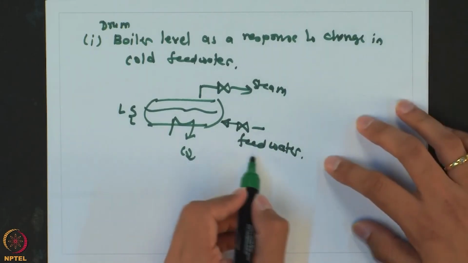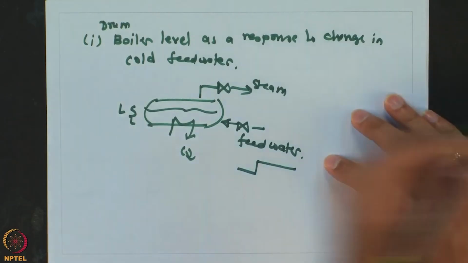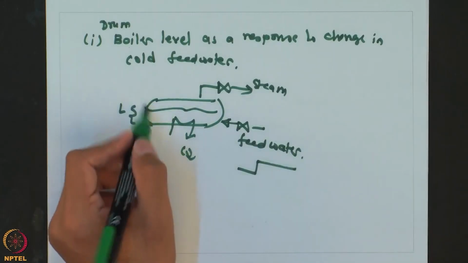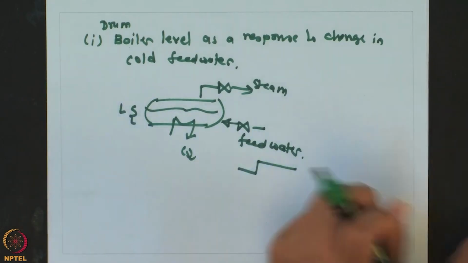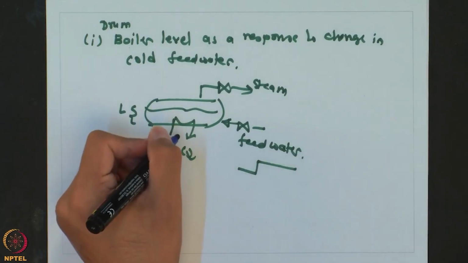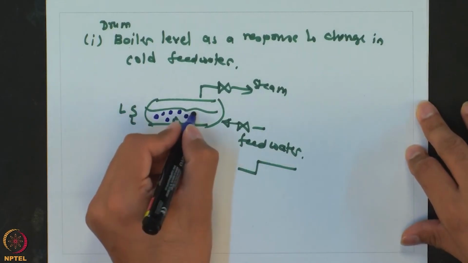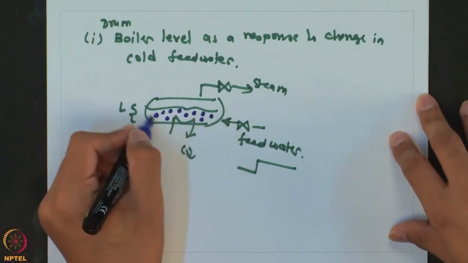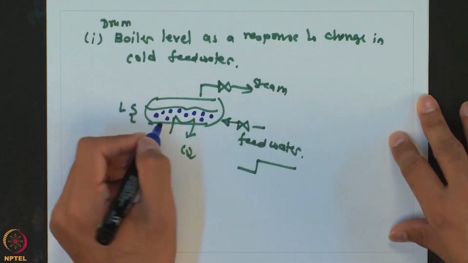When you increase the feed water flow rate, ideally what you expect is that the level should increase because you are adding more material into the process. However, what happens is whenever you have such kind of a system, when you are boiling this liquid, there will also be some bubbles of this steam inside the liquid, and the height is actually the addition of actual liquid height plus the rise in the height because of these bubbles.